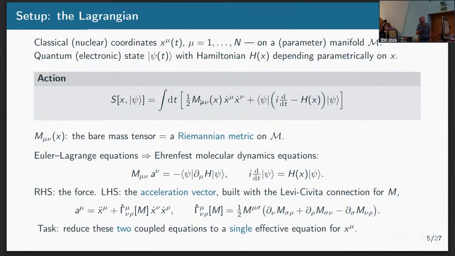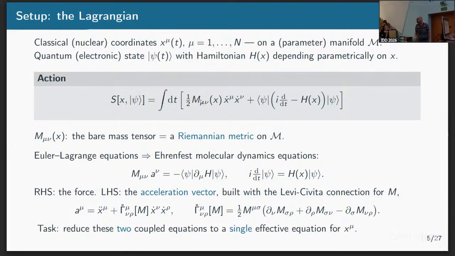So you have a forced Newtonian equation for the nuclei. Note that this acceleration is defined like this. This is the covariant second derivative, where the connection is defined with respect to this bare mass matrix, which we interpret here as a metric on the space.